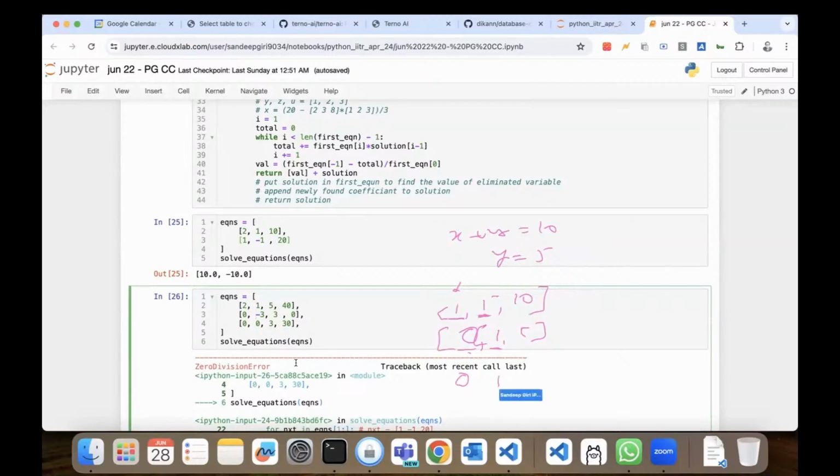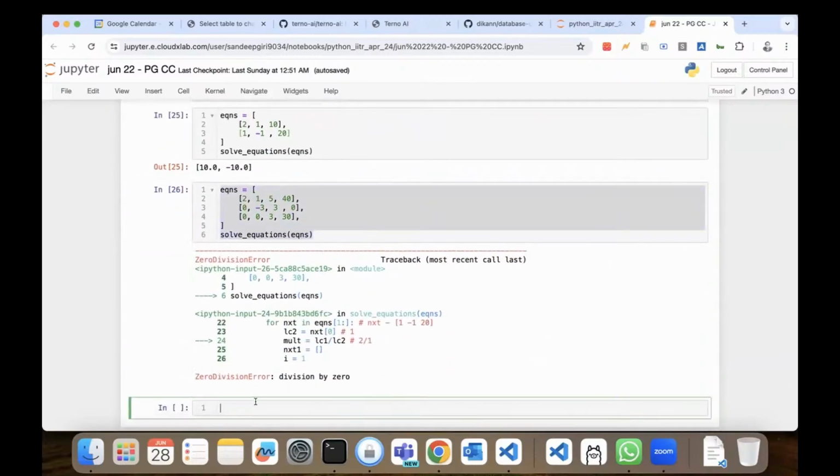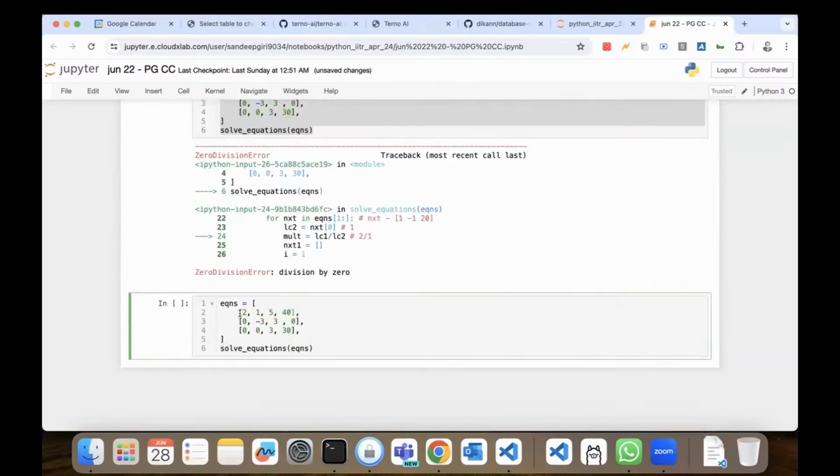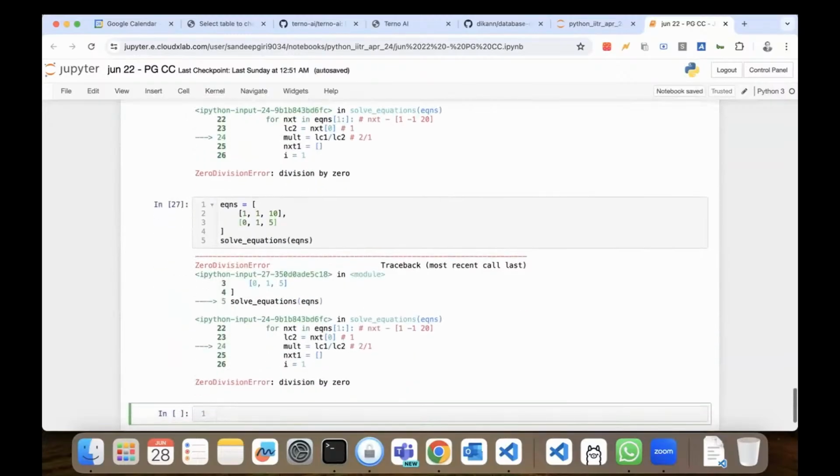So I get 1. 5 minus 0, I get 5. And this should work, right? I'm just wondering, would it work if I feed it an equation like this, x plus y equals 10 and 0, 1, and 5? Shouldn't it work just like that?